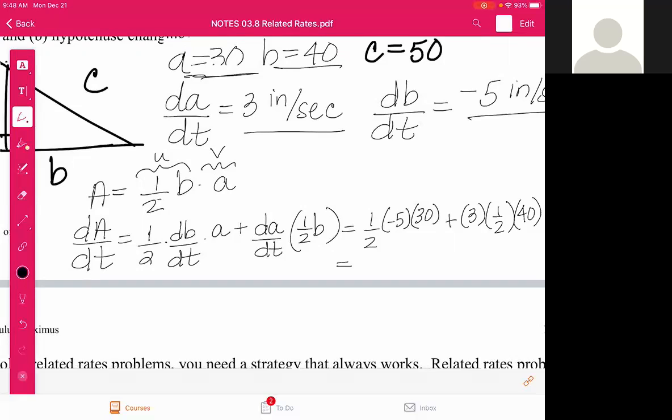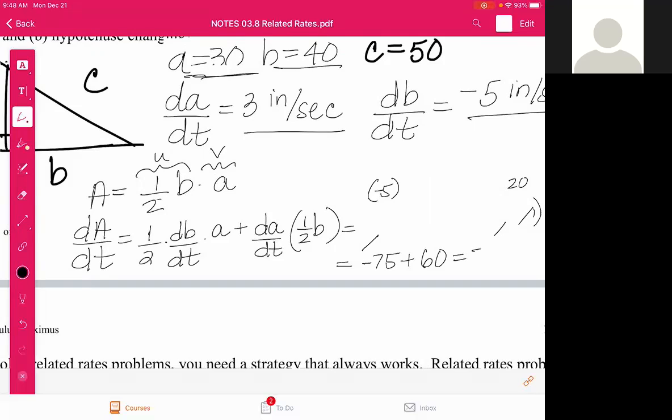Okay, now simplify this however you want to, the fastest way you possibly can. I don't have Desmos or my calculator right next to me, so I'm just going to try to simplify things as fast as I can. So I know 2 goes into 30 15 times. That was a 15, and this was a -5. So -5 times 15 is -75. I know 2 goes into 40 20 times, so -75 plus 60, I get -15.